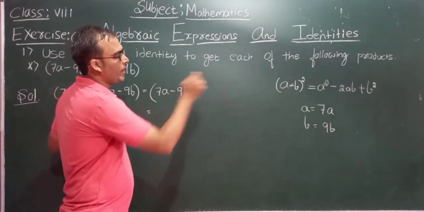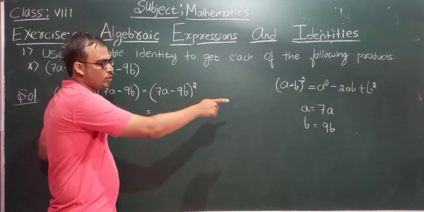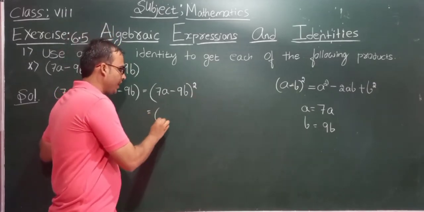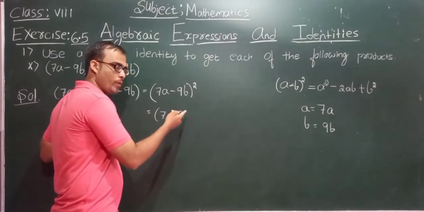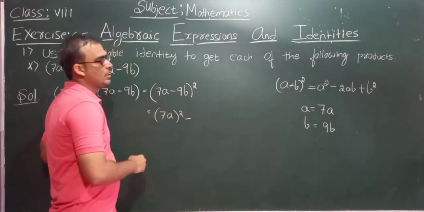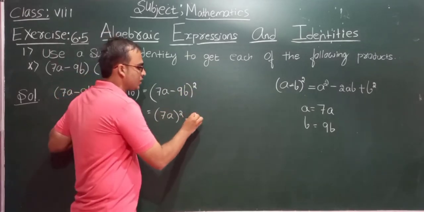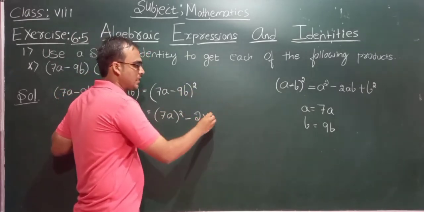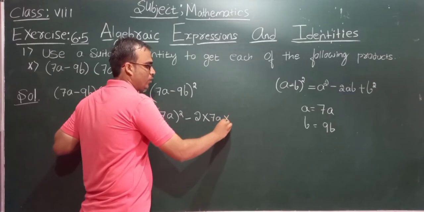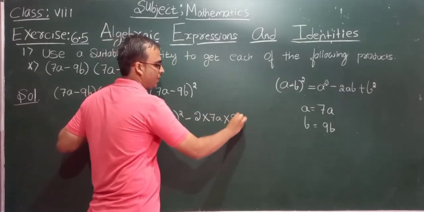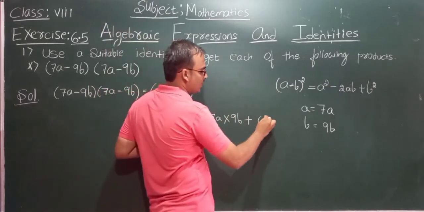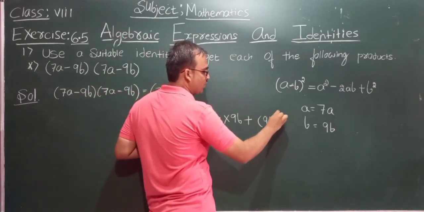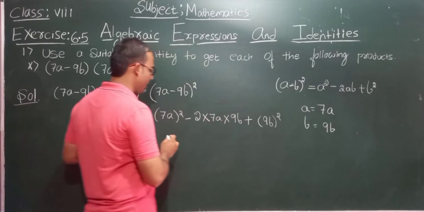Okay, so a square. If a is 7a, then a square is what? 7a whole square. Next, minus 2ab, that is 2 into what is a? 7a, into what is b? 9b, plus b square. If b is 9b, then b square will be 9b whole square.